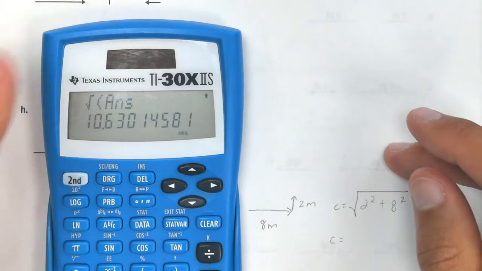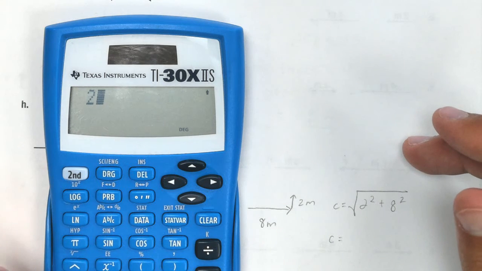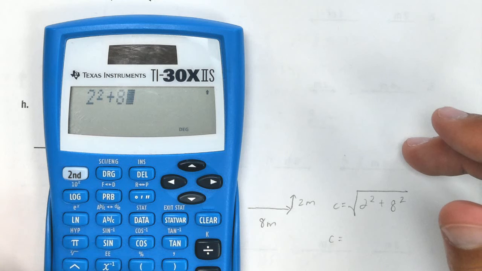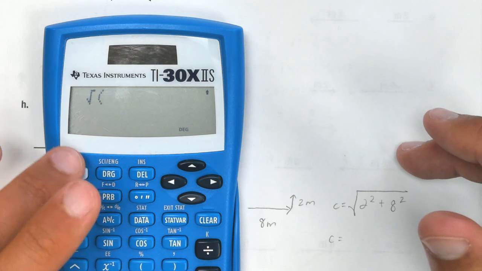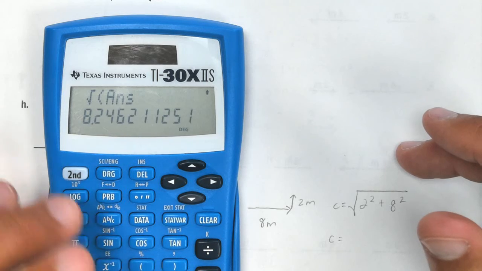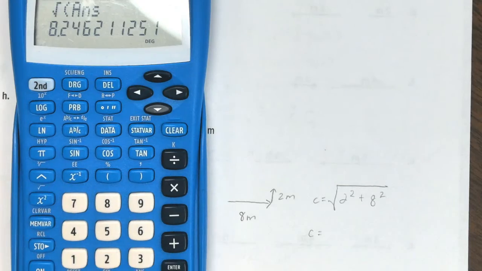Okay, throw it into the calculator. It's 4 plus 64, which is 68, square root of that number. Okay, and I would get 8.246.